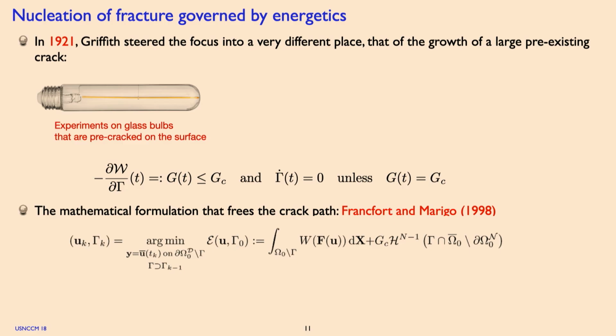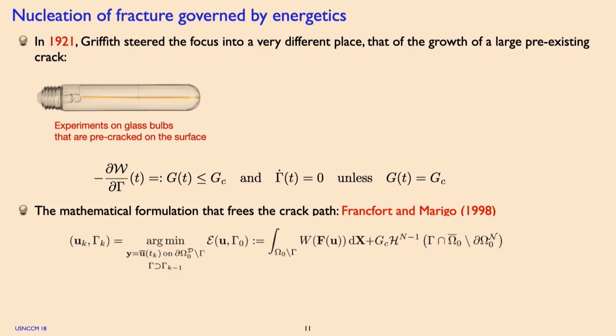So strength does not explain what happens here, okay? And so Griffith realized that he needed something different to describe when does that crack first propagate? When does nucleation at the front of a large pre-existing crack occur where the stress gradients are very large?